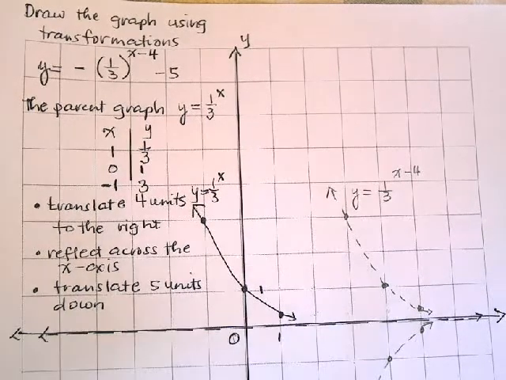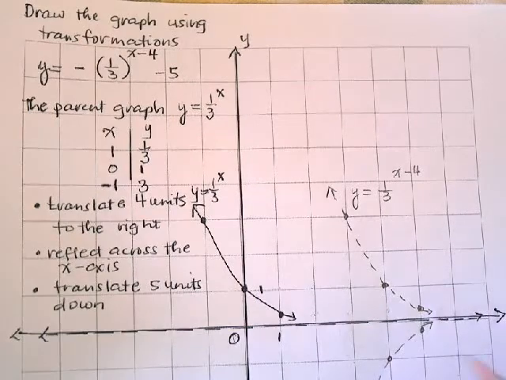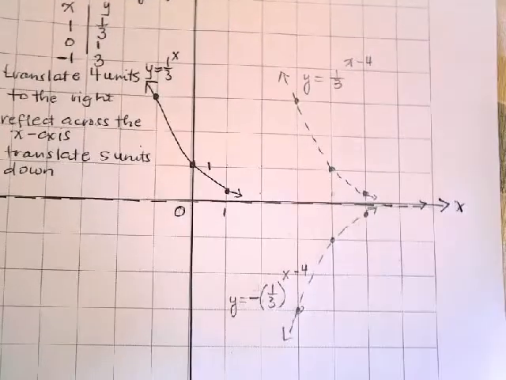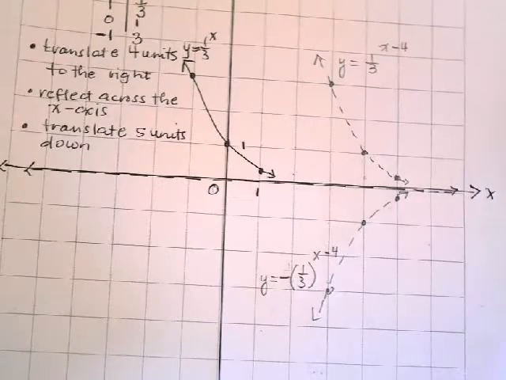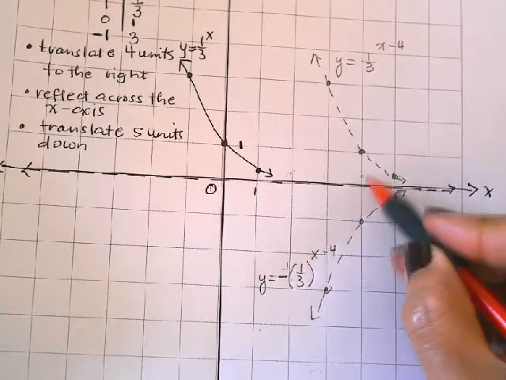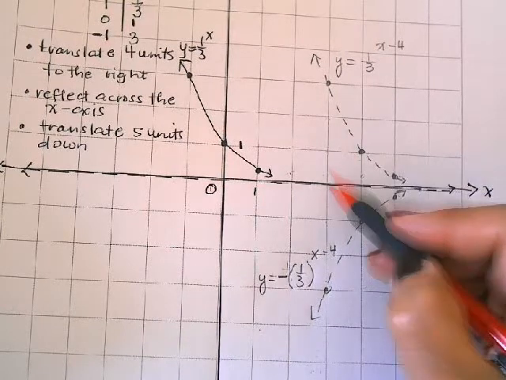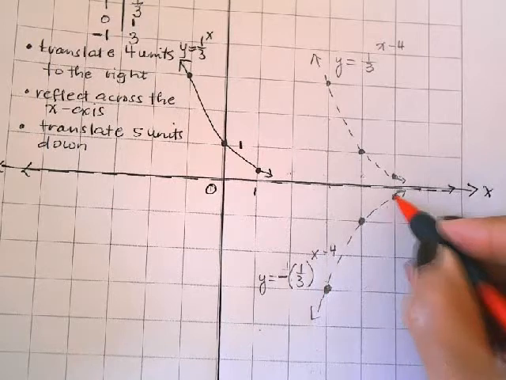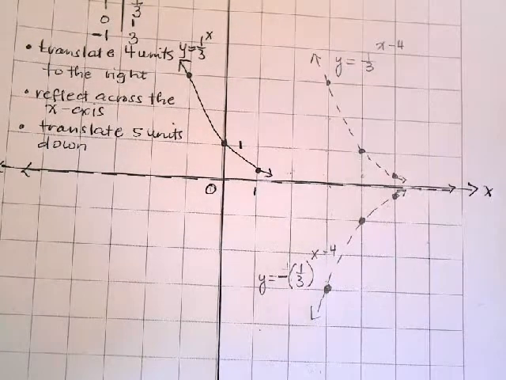Next we're going to translate this. So it's here. These are 3 points that we're going now to translate 5 units down, and that's our final graph. So let's use red.